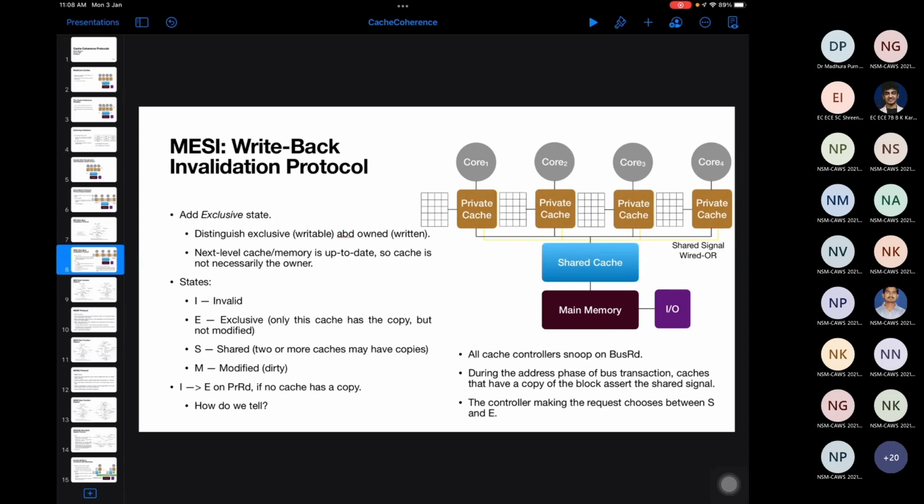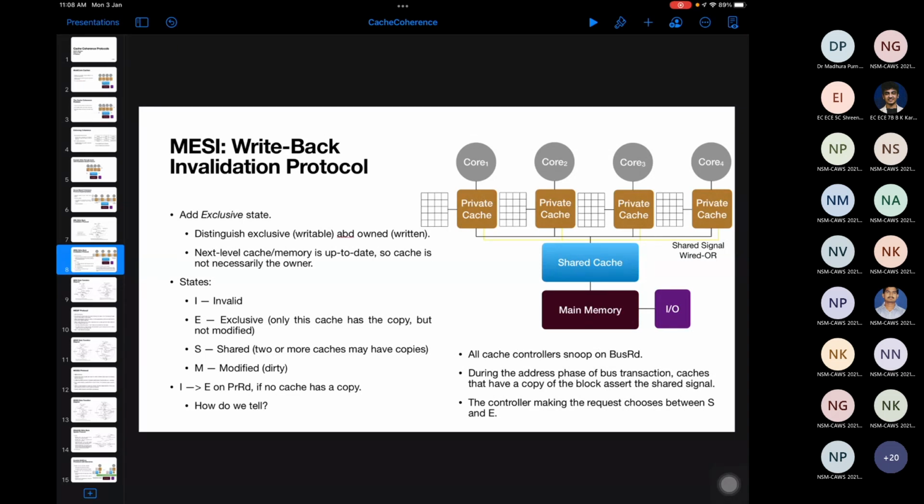So how do we determine that? For that, we are going to have one extra, simple mechanism. We are going to have a shared wired-OR signal, which is shared across multiple cores and multiple private caches. Every time we place a bus read signal on the bus, the cache coherence controllers of all these private caches see it, snoop on the bus, and search in their private caches.